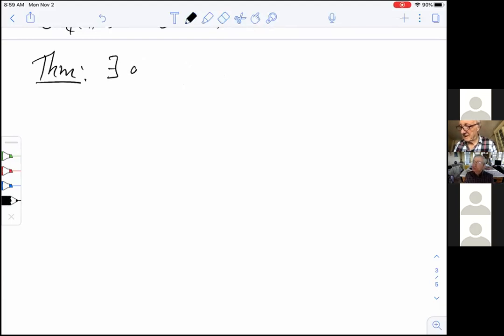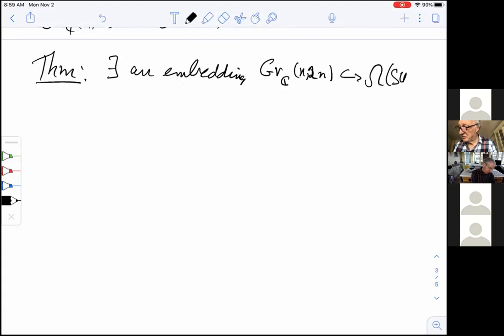There exists an embedding of the complex Grassmannian of n planes in 2n space into the loop space on SU(2n), inducing an isomorphism on homotopy groups for i less than 2n.